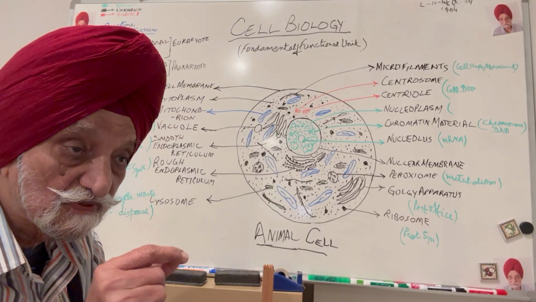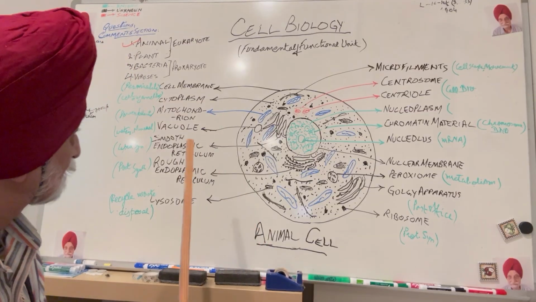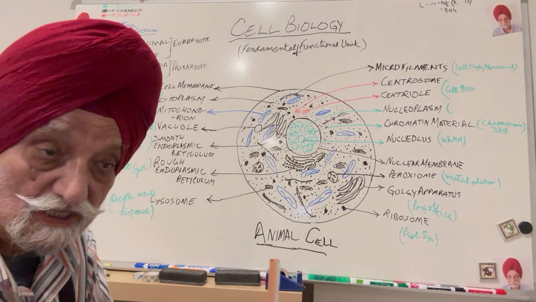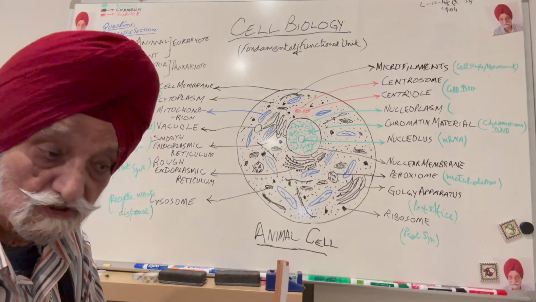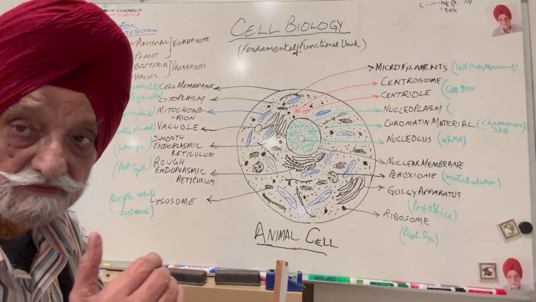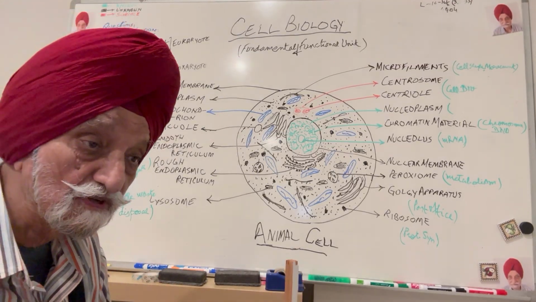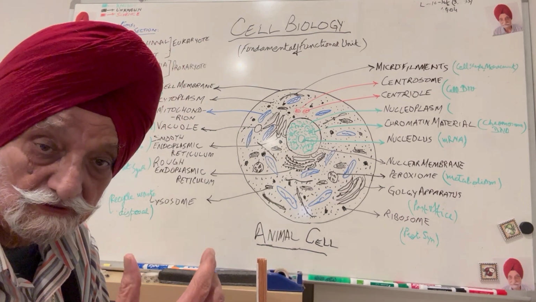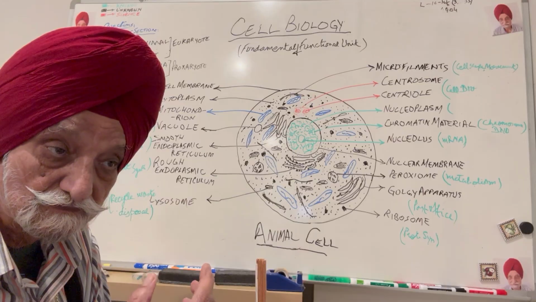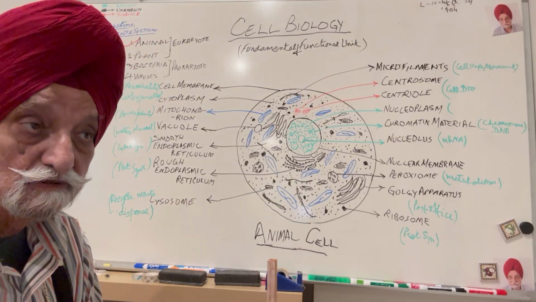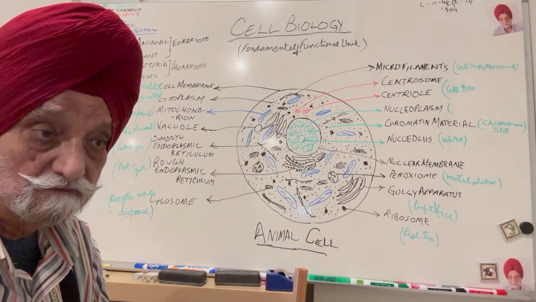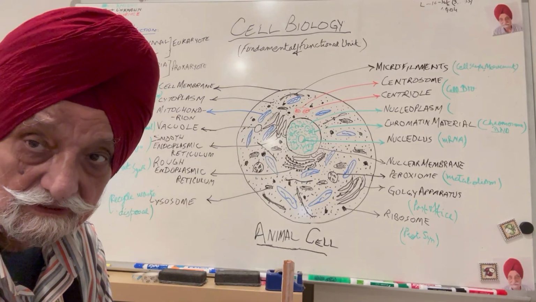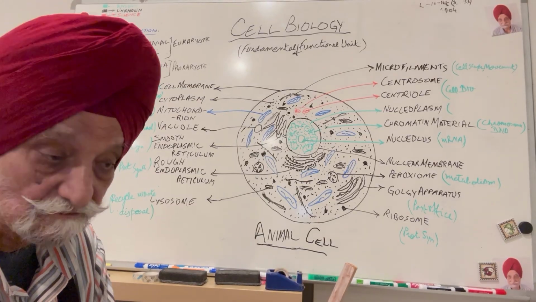Now, the cell membrane is permeable in its function. That means it permits things to come in and to go out. For instance, it will permit things to come in, like nutritive elements such as glucose, amino acids, water, and other things.